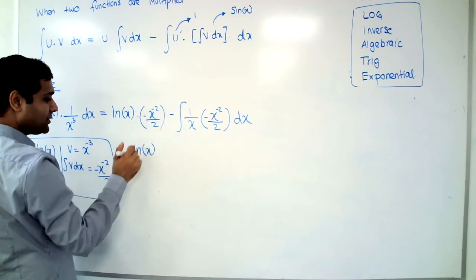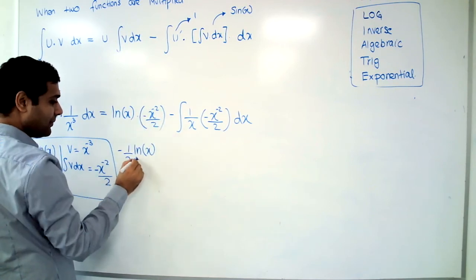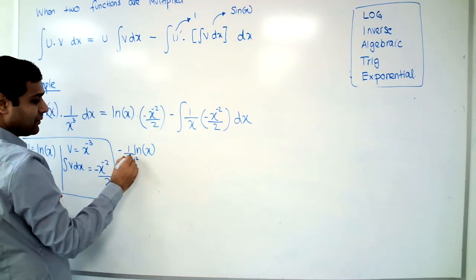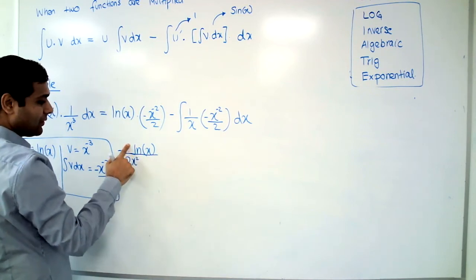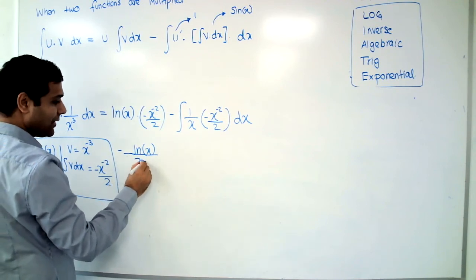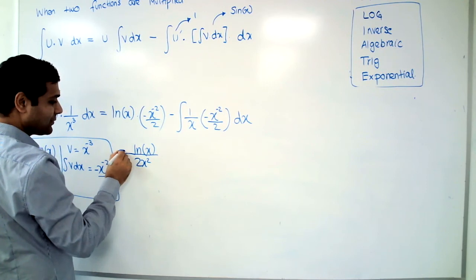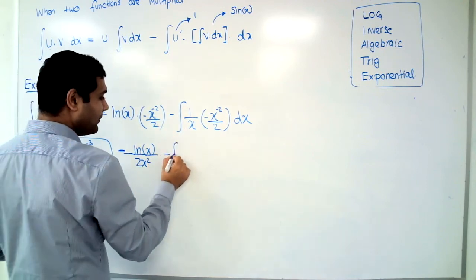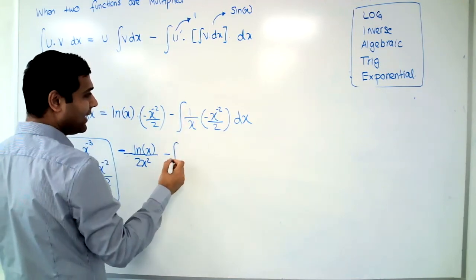This x to the minus 2 becomes x squared in the denominator. So 1 over 2x squared, or you can write it that way: ln x divided by 2x squared, and this is a negative here as well. Minus, let's do this one. I'm not integrating, I'm just simplifying now.